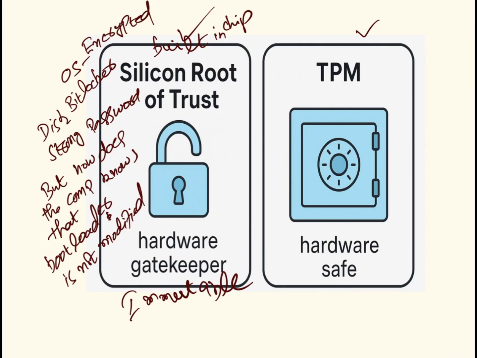For instance, silicon root of trust is a judge, and TPM is an evidence vault. They work together and support each other, but they are not the same thing.